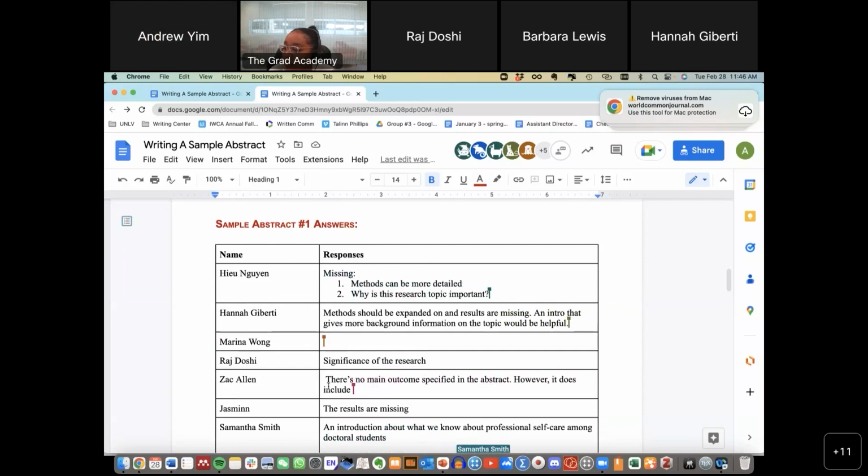Does that depend on the journal, or is that up to the author, if the journal doesn't specify?